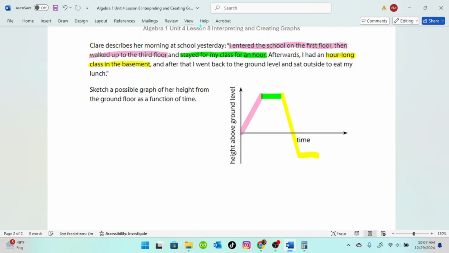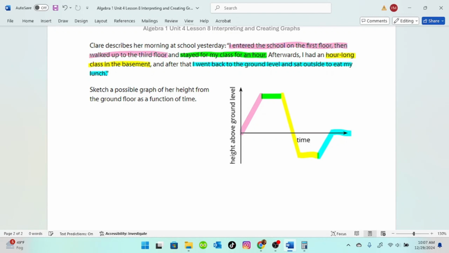And finally, after that, I went back to the ground level and sat outside to eat my lunch. So we need to show her go back up to the ground level and then stay there to eat lunch.